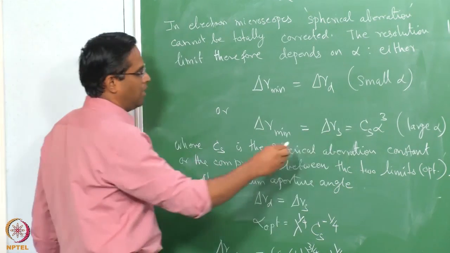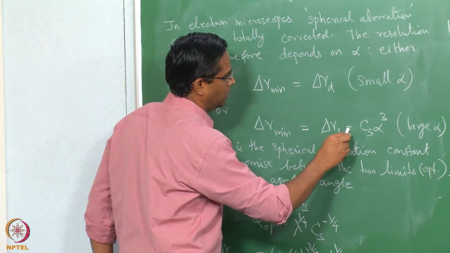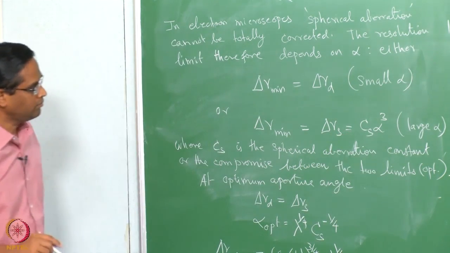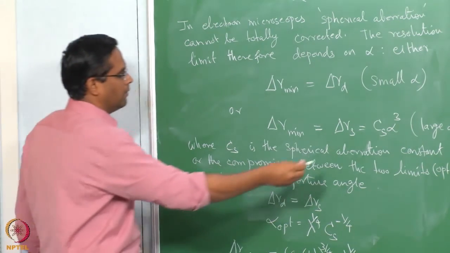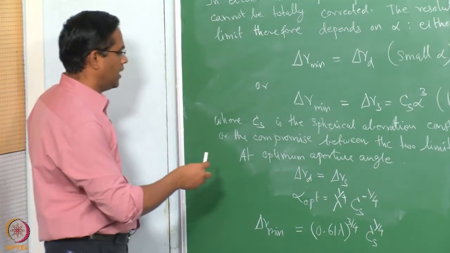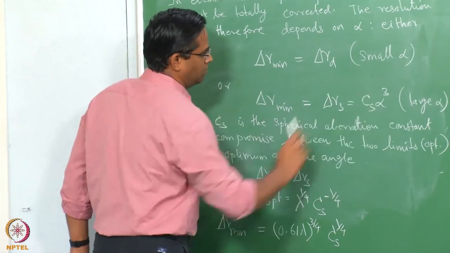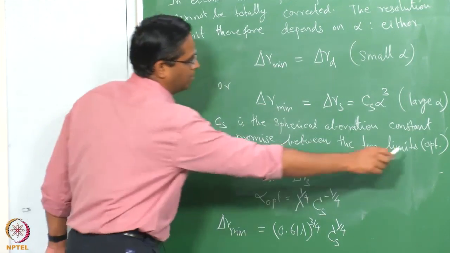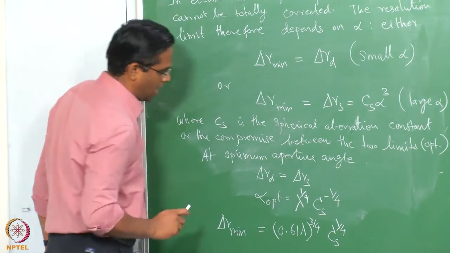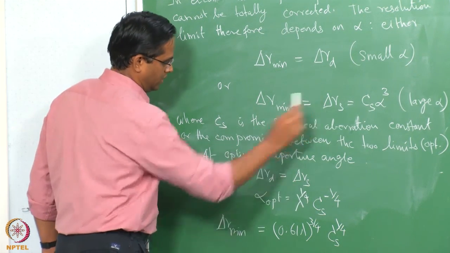That means aberration disk due to spherical aberration, which is equal to Cs times alpha cube. So, Cs is the spherical aberration constant, alpha is the semi aperture angle. Or you can see that it is a compromise between these two extremes, that is optimum alpha. So, for the optimum aperture alpha, delta R d is equal to delta R s.